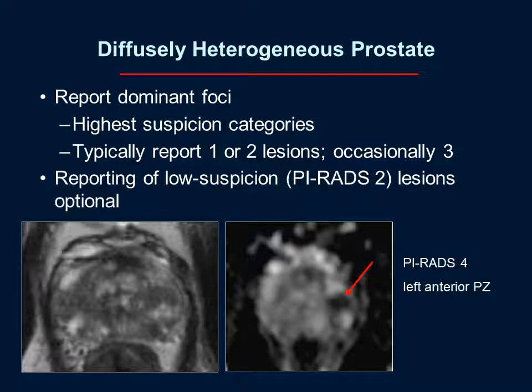PI-RADS states that reporting of low suspicion or PI-RADS 2 lesions is optional, as those lesions are so overwhelmingly benign or very rarely just a low-grade tumor. This patient has a diffusely heterogeneous prostate, multiple areas of low T2 signal, but on the ADC map we see this dominant focus on the left, and this was reported as a PI-RADS 4 lesion, and we didn't describe all these other less suspicious foci.